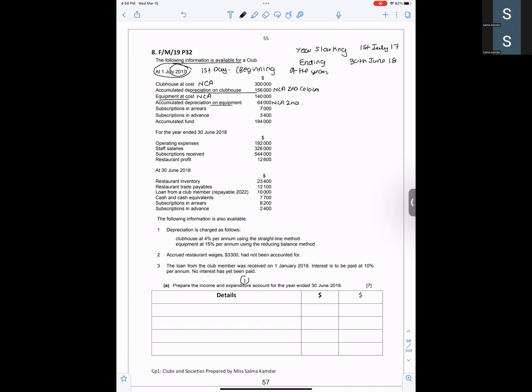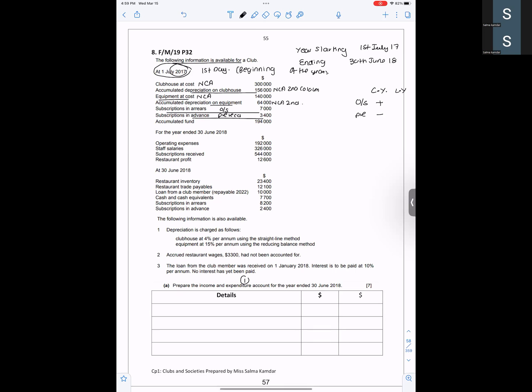I have subscriptions in arrears. That is my outstanding subscription on the first date. And subscription in advance. That is my pre-received subscription on the first date. I should know anything that is outstanding is added and pre-received is subtracted if it is for the current year.